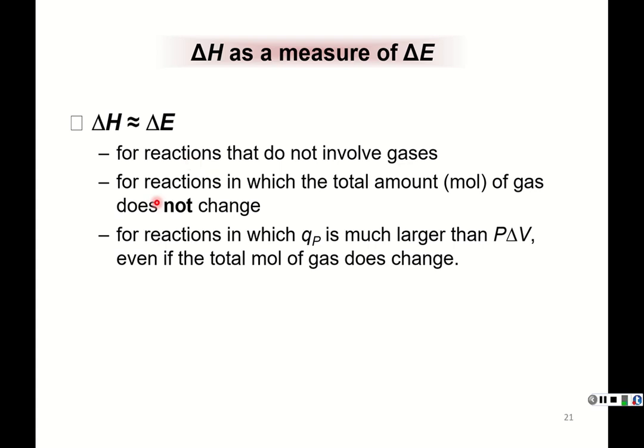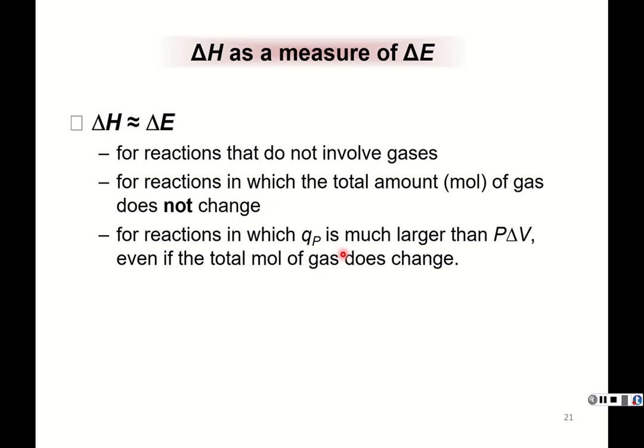For reactions that do involve gas, but the total number of moles of gas does not change, this holds true as well. And for reactions in which Qp is much larger than the P delta V, so heat is much larger than work, this will hold true as well. The delta H can be a reasonable approximation for delta E.